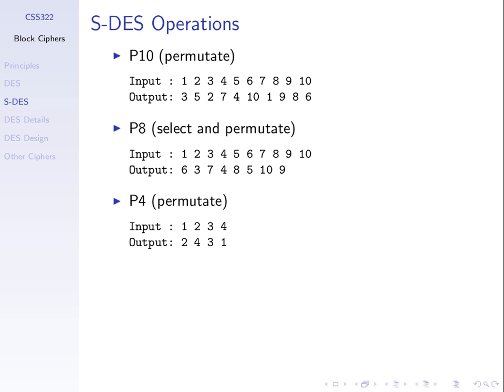In the rearrangement, the third bit becomes the first bit. That is, this 1 becomes the first bit. The 5th bit, bit 5, becomes the second bit. 0. The second bit becomes the third.